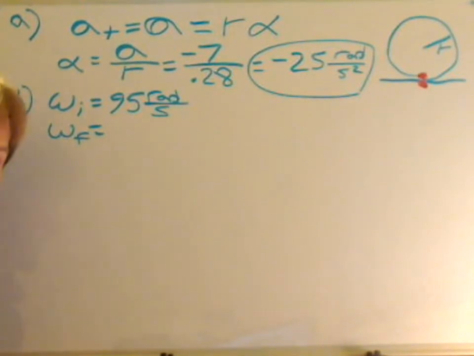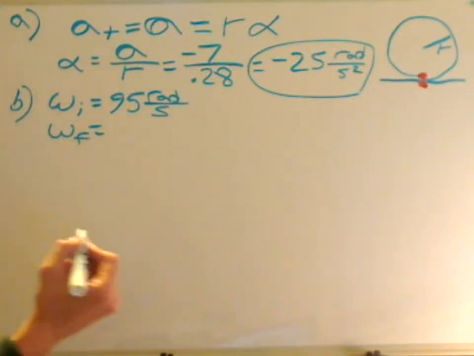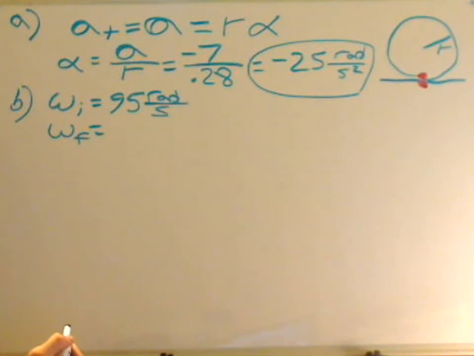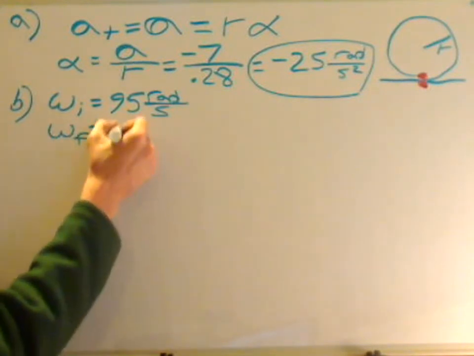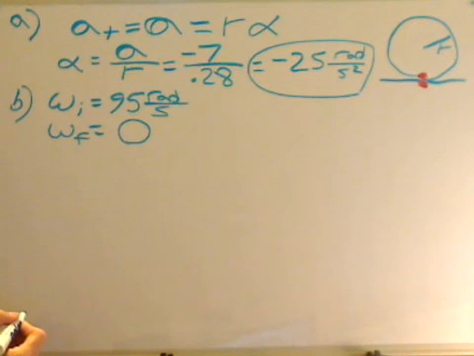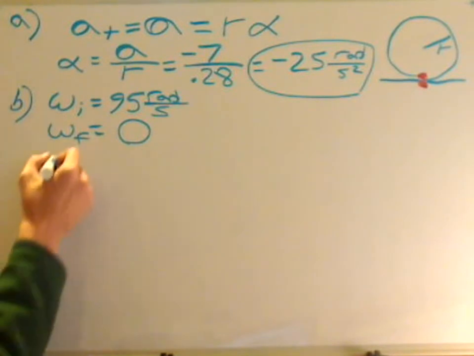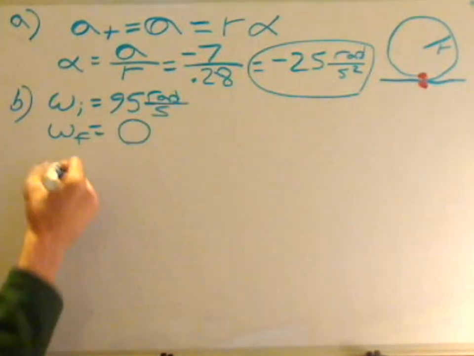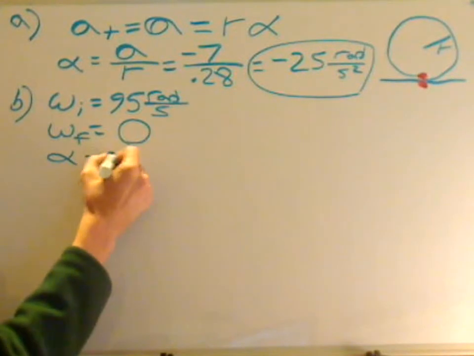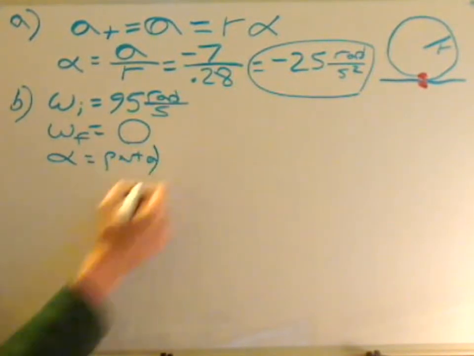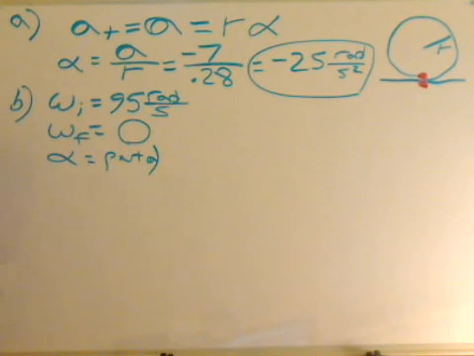Okay, so what would that be? Well, the car comes to a stop, so the tire comes to a stop. So the final angular velocity of the tire is 0. And our angular acceleration is given in part A. And we want to know, what is the time?